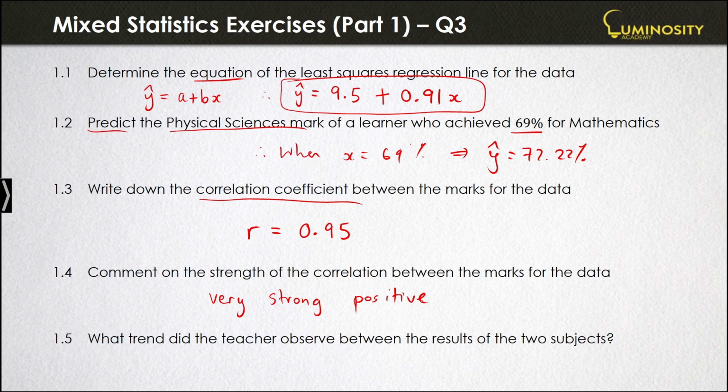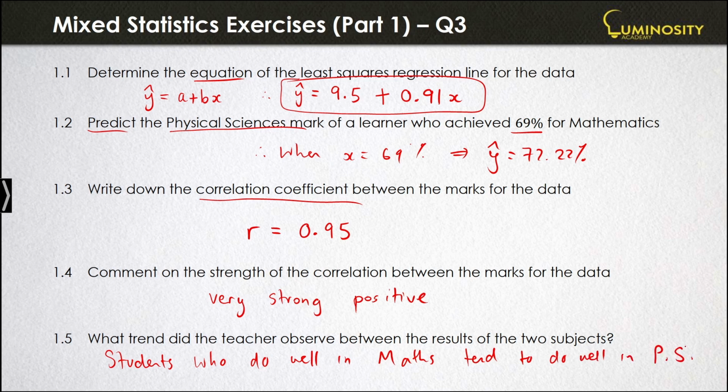What trend did the teacher observe between the results? Well, again, like we said, because it has such a high or very strong positive correlation, that means we can conclude that learners who do well in maths tend to do well in physical sciences.